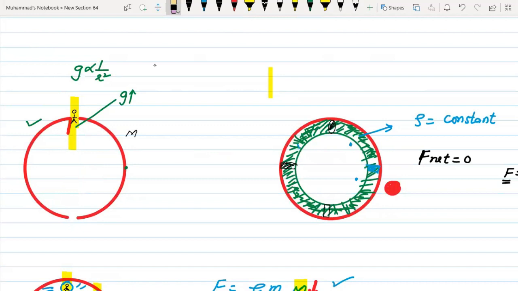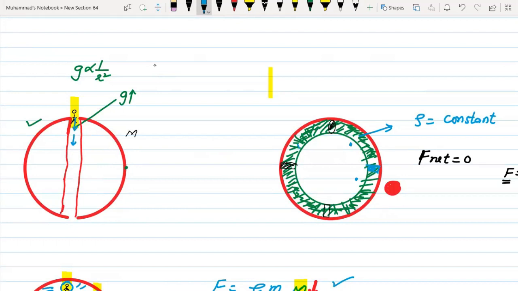Okay, so let's say you are here and you move inside, you make some tunnel inside the Earth, and you move from one end to another end. What will happen? G is maximum at that point.